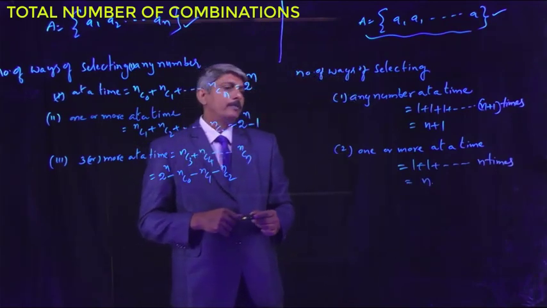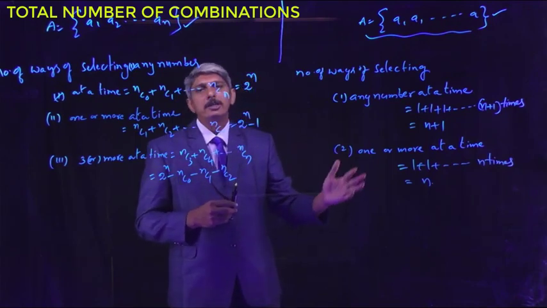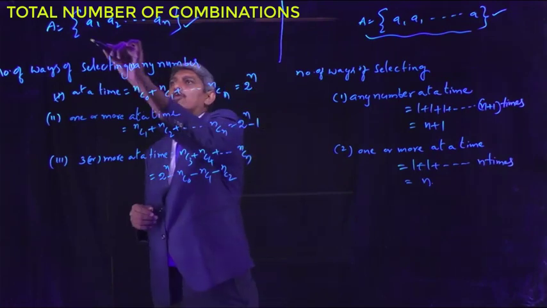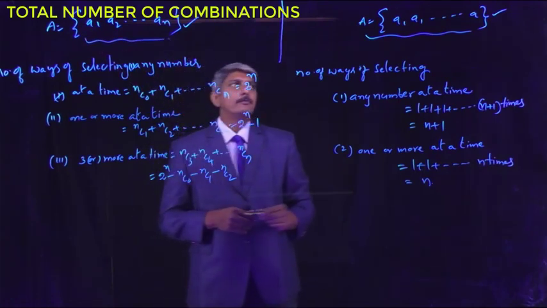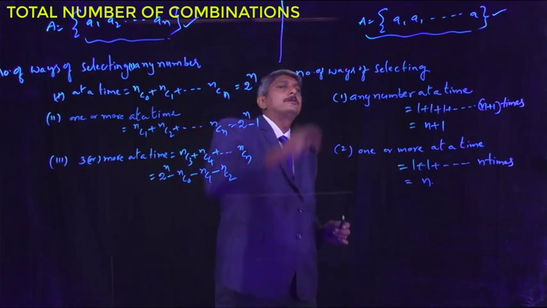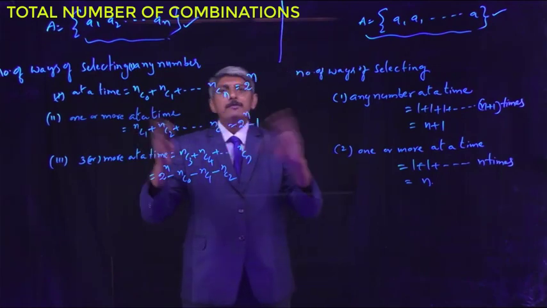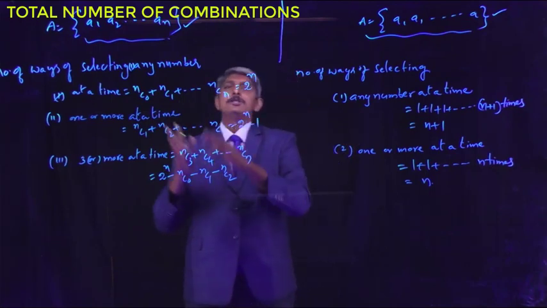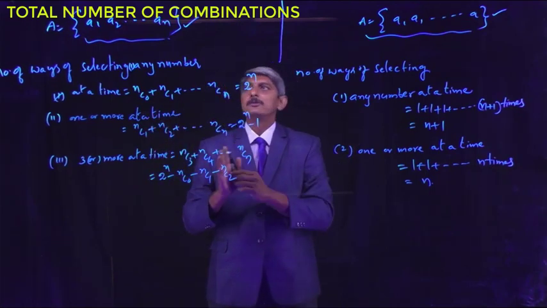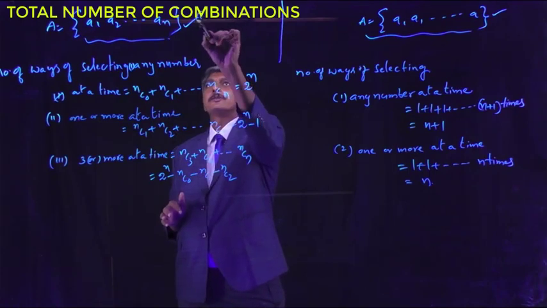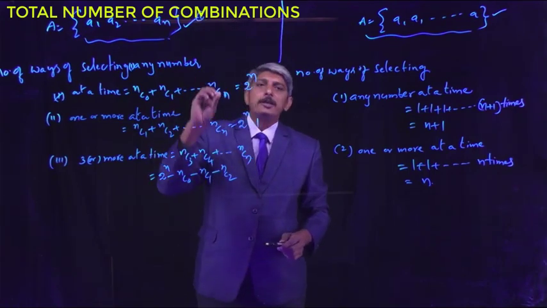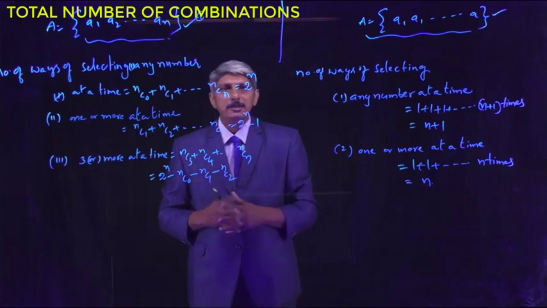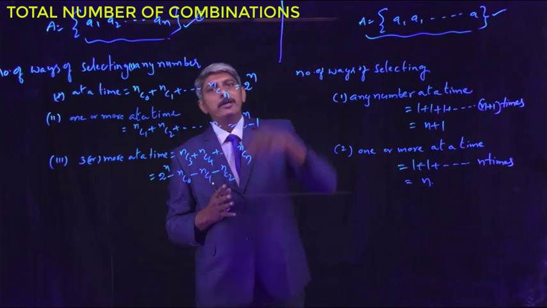Similarly 2 or more at a time, 3 or more at a time, 4 or more at a time, and so on. So here one set is given, distinct and alike. Now these formulas are extended to 2 distinct objects, 3 distinct objects. So this is one operation. Now extended to one kind of n distinct objects, another kind of n distinct objects, and a third kind of n distinct objects.